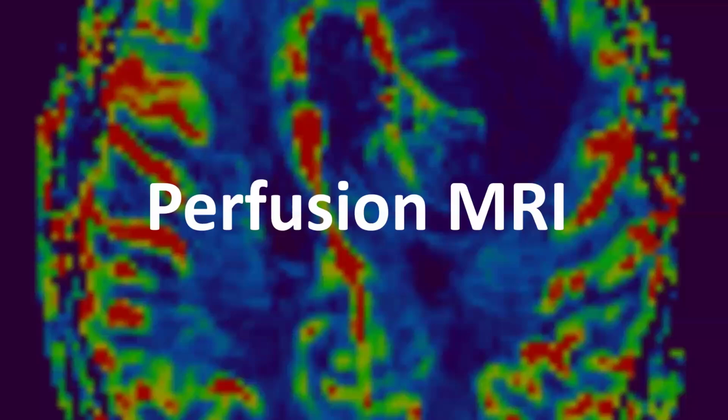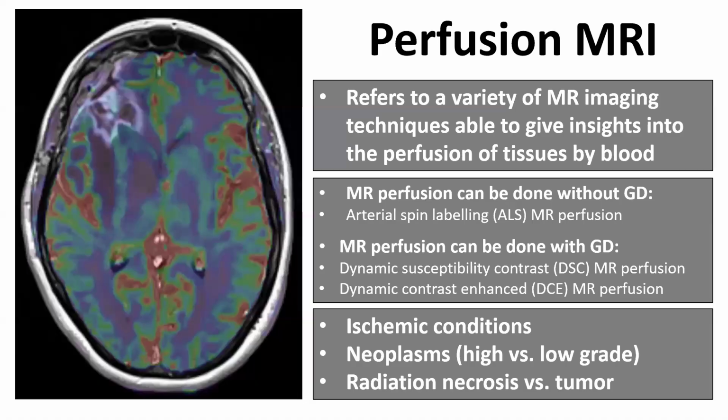I'm going to start with perfusion MRI, and what is perfusion MRI is basically not one specific sequence, but a variety of MRI techniques that allows us to give some insights into the perfusion of tissues by blood. We can perform perfusion MRI images in several ways. We can do it without gadolinium, so-called arterial spin labeling, but we can also perform perfusion MRI with gadolinium.